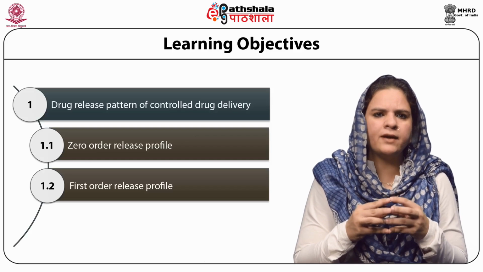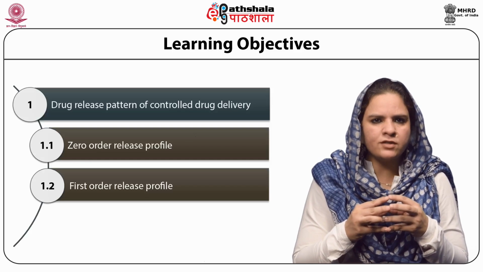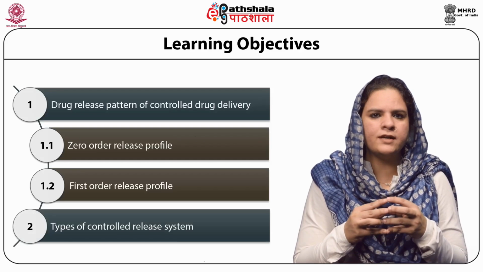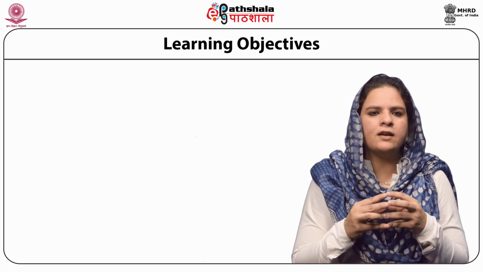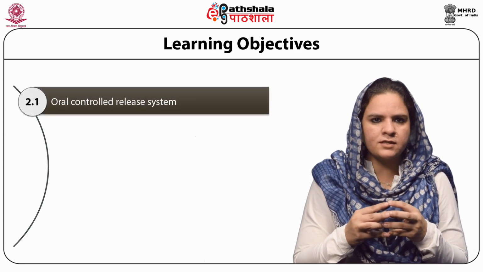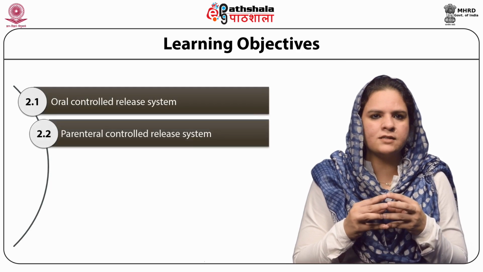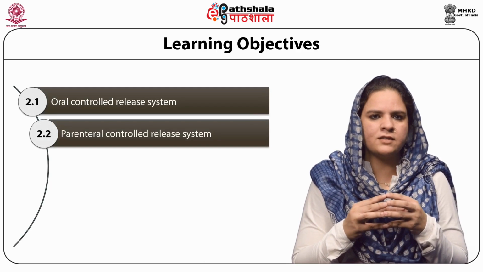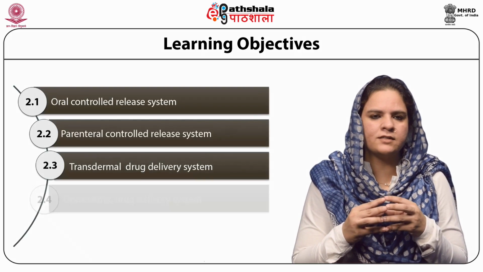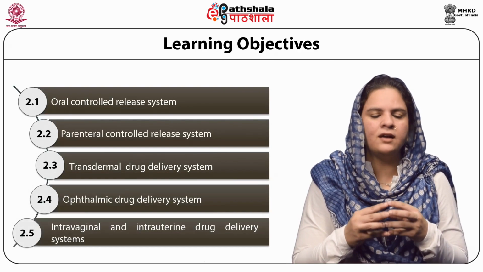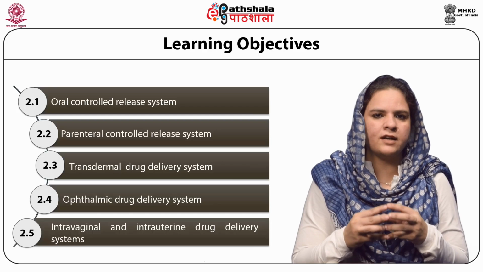Then we will spend some time elucidating the different types of control release systems. We will limit ourselves to the oral control systems, parenteral control release system, transdermal drug delivery system, ophthalmic drug delivery systems, and intravaginal and intrauterine drug delivery systems.